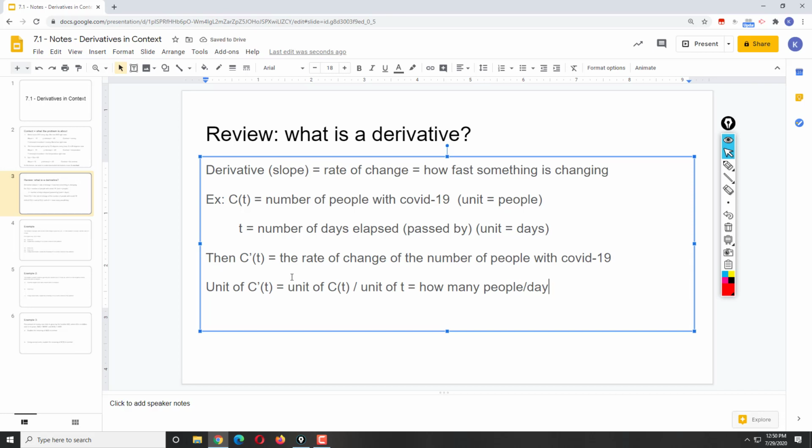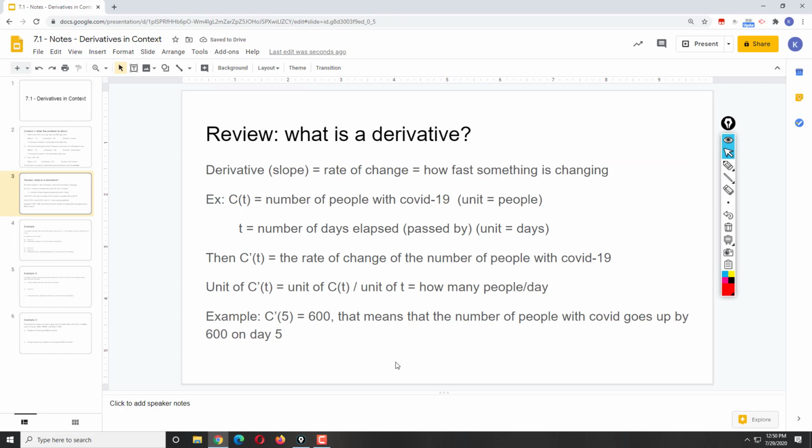So if C of t is the number of people with COVID-19 and t is the number of days, then the unit of the derivative is how many people get COVID-19 per day. Okay. So for example, if C prime of 5 is 600, that means that the number of people with COVID goes up by 600 on day 5.